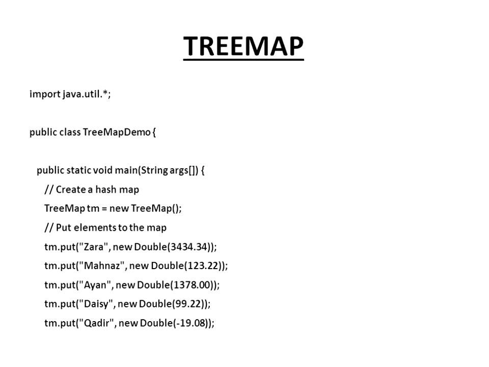Now let's move on to TREEMAP. Now here in this TREEMAP, the class is implemented by using a tree. So this TREEMAP provides you an efficient means of storing key and value pairs in sorted order.